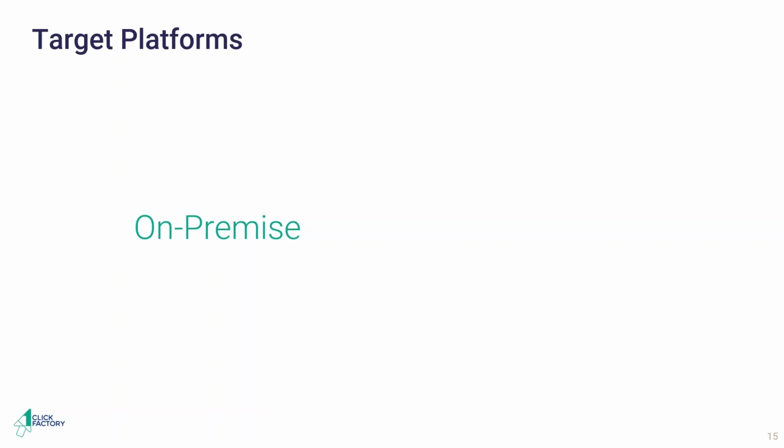The second target platform is Business Central, the software as a service model, or in other words, Business Central on the cloud, the SaaS version. The SaaS version is a bit different from the on-premise release. Business Central in the SaaS is the one where we do not control the infrastructure.